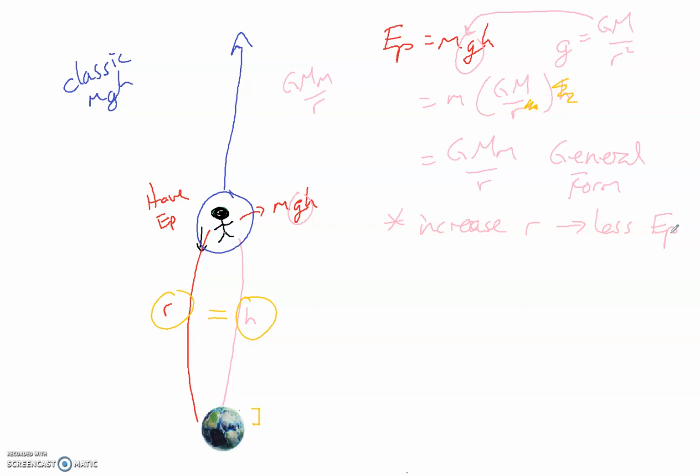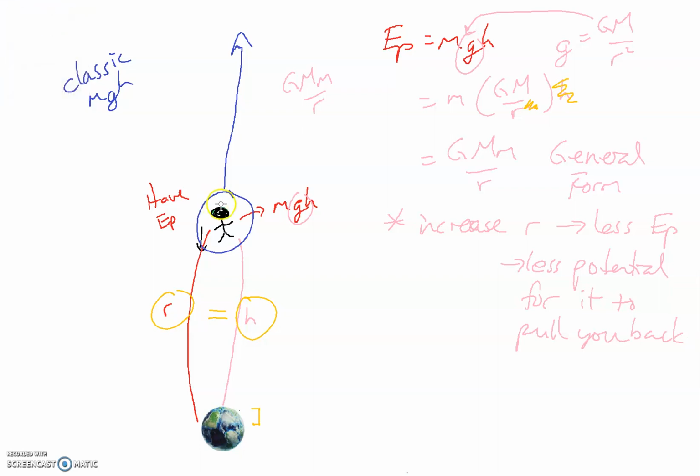As you increase your radius, there's less potential energy, because there's less potential for it to pull you back. Okay, and that's a really important mindset to have in something like this. So it's a different way to look at it, but it actually makes way more sense than the classic MGH. The farther away you go, the less potential there is for it to do something, and the less potential energy you're going to have.